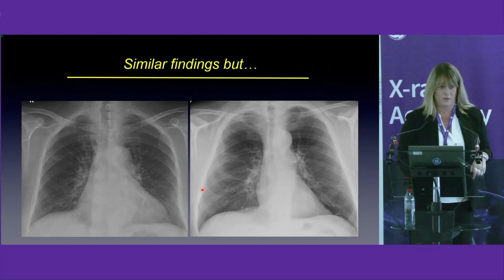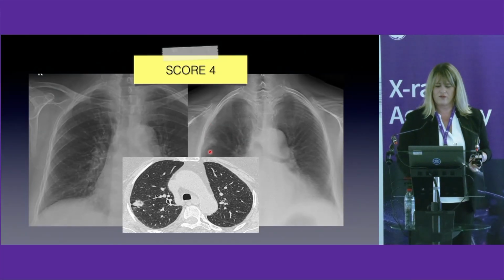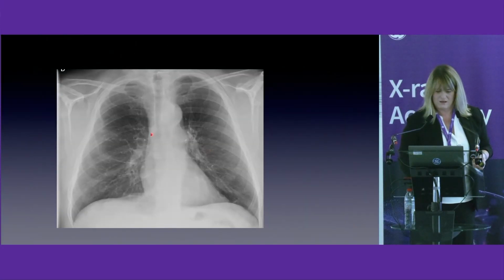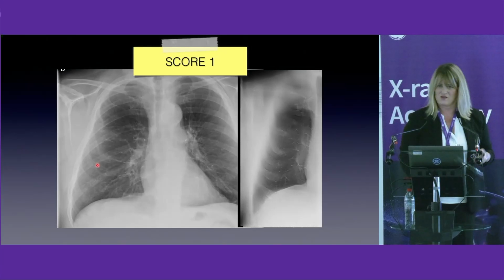So we decided to perform a DTS and take a look at this. This one, opacity, score 4, lung nodule, while this lung opacity, thoracic cage dysmorphism, score 1. So similar findings but different results.